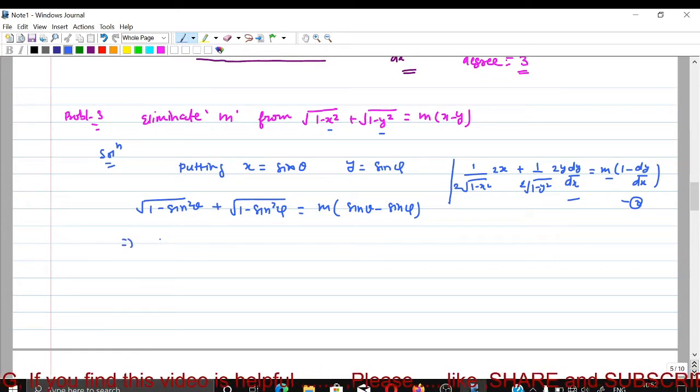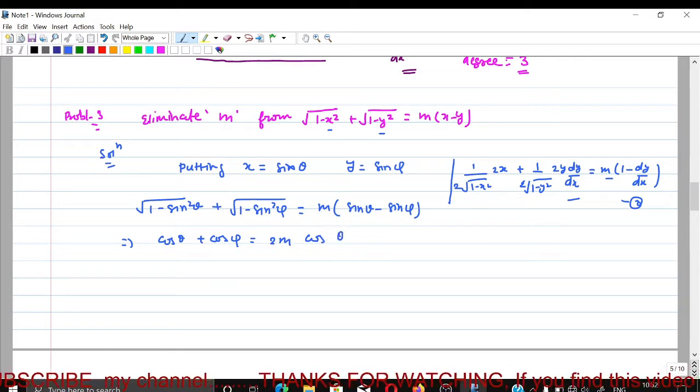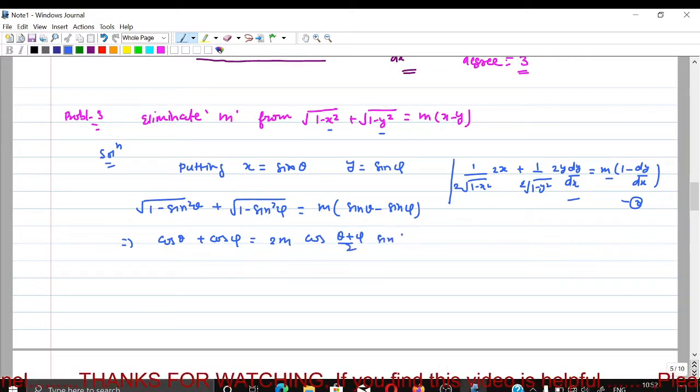From that we get cos theta plus cos phi equal to 2m cos((theta plus phi)/2) sin((theta minus phi)/2).